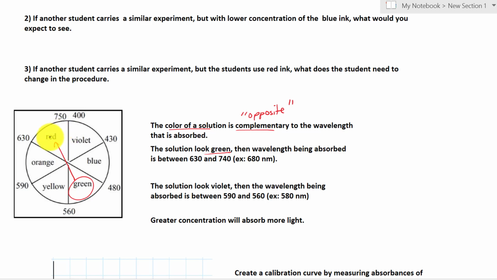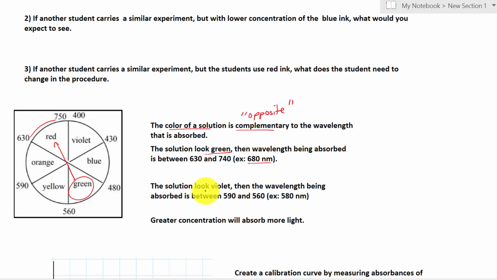So what is the wavelength for red color? That is between 630 to 750. Any light at that specific wavelength will be absorbed by the solution with the color green. So any wavelength between 630 to 740 will be absorbed by the solution. For example, it would be a 680 nanometer wavelength.